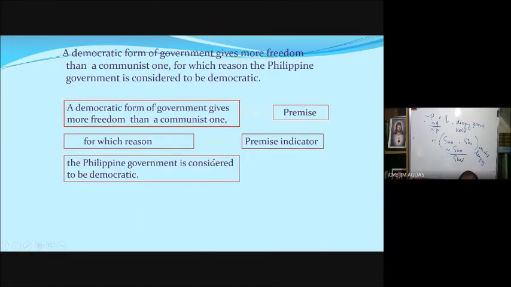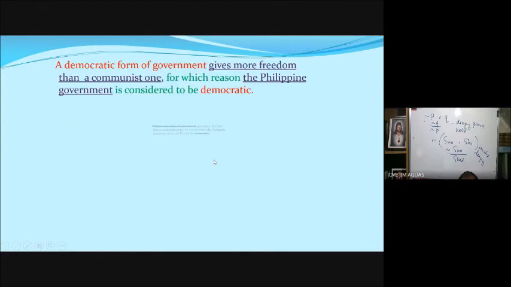Let's use this syllogism here. What is the common term here? The common term is the one in red: democratic form of government, democratic. In this case, the democratic form of government is no longer completed the second time it is used because it's already implied.